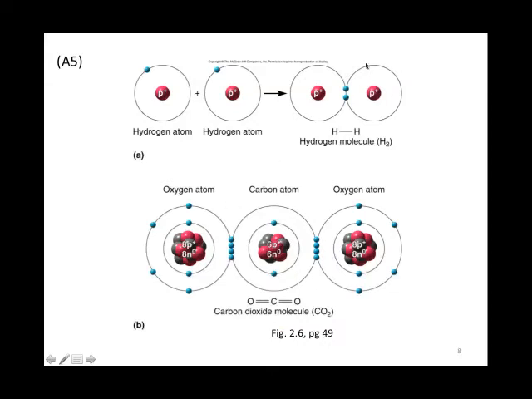Second type of bonding, covalent bonding. There are two types. There are what we call polar covalent and nonpolar covalent. And what this polarity refers to is the fact that some electrons, well, let me define covalent bonds for you first. Covalent bonds are where electrons are shared between atoms.